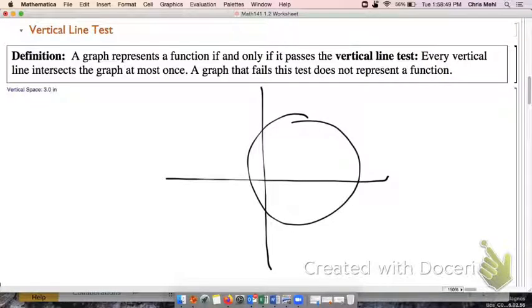Okay, is this relation a function? Well, no. I can find a bunch of lines that intersect that graph in more than one point.